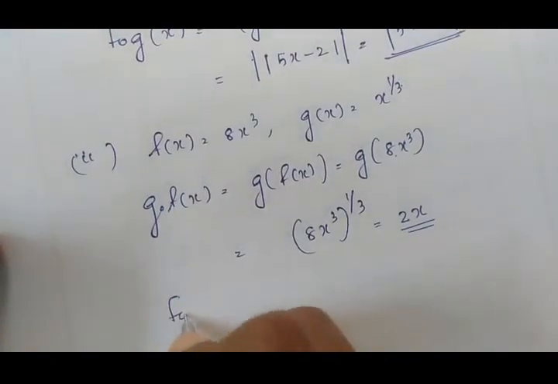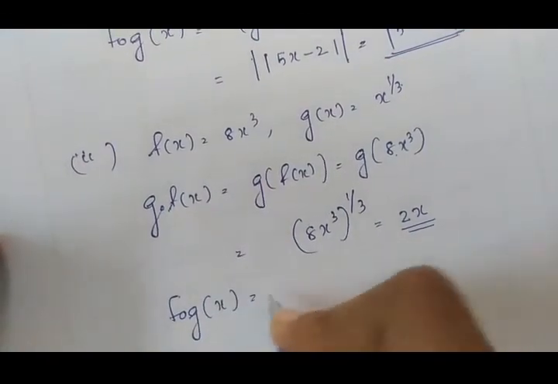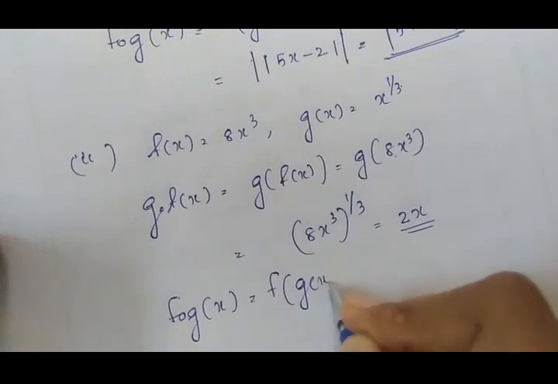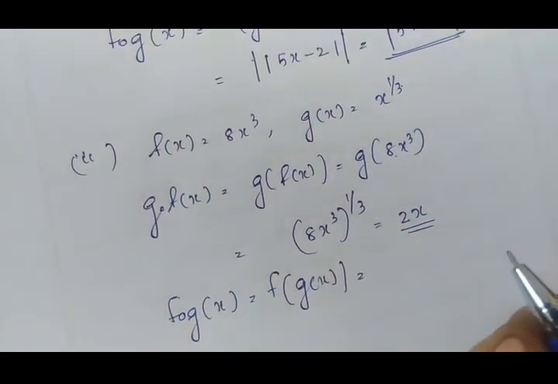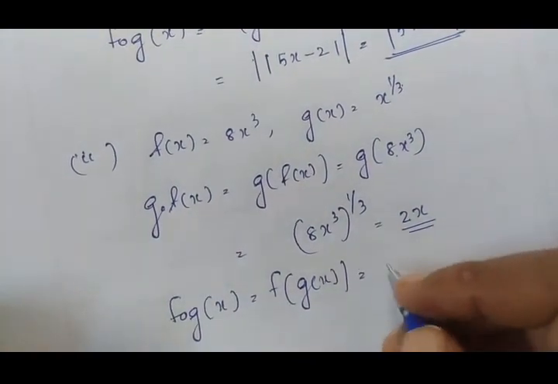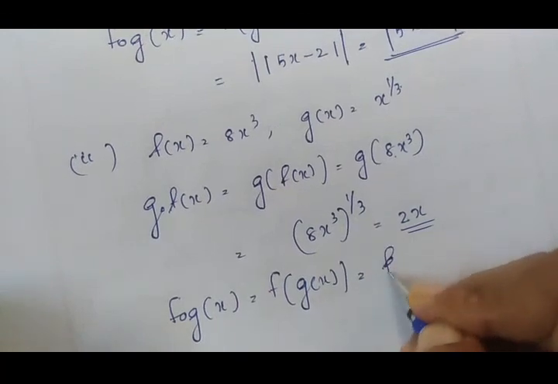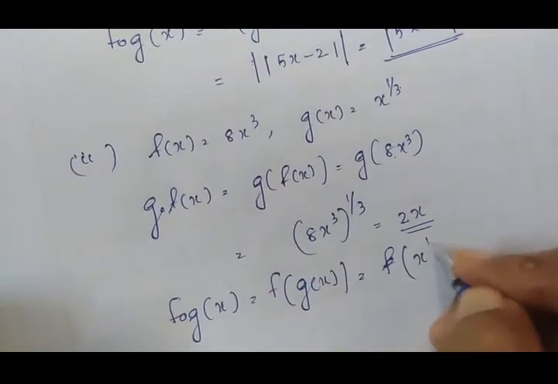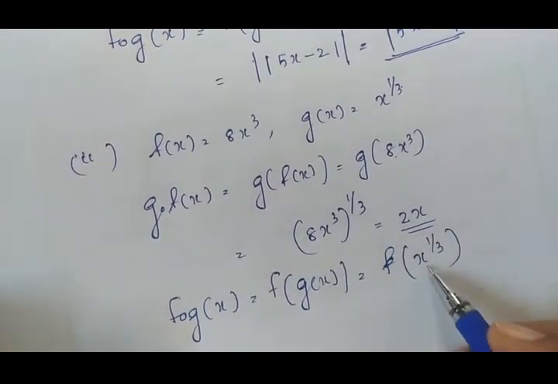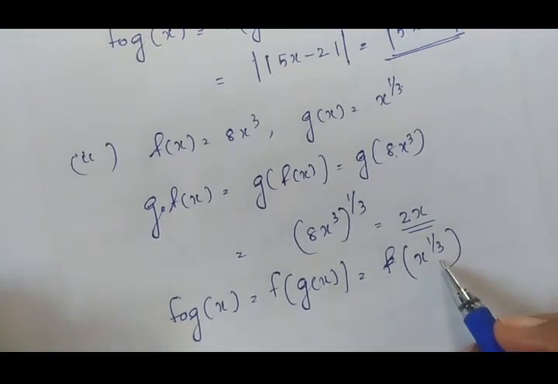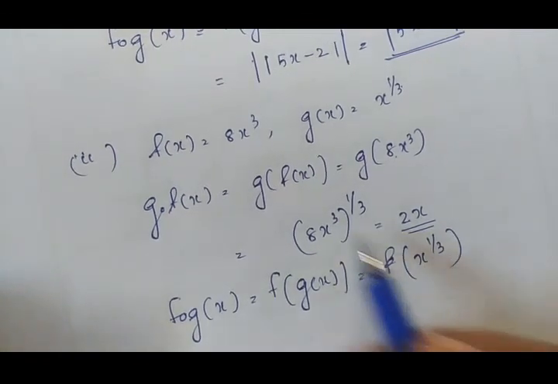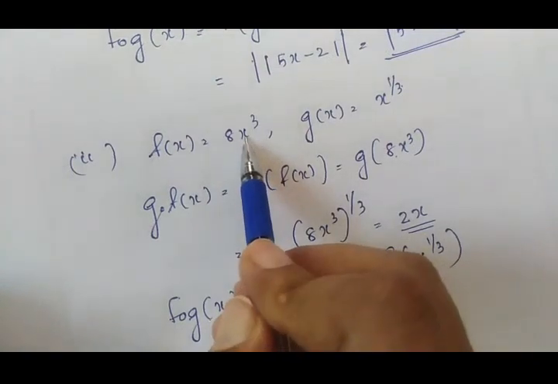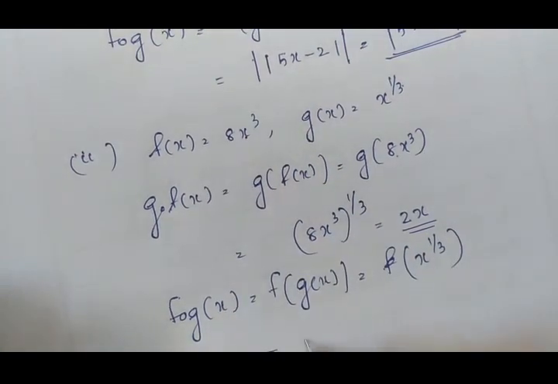And the second case, f∘g of x, is equal to f of g of x. Then g of x is equal to x raised to 1 by 3, so we substitute this x raised to 1 by 3 in f.